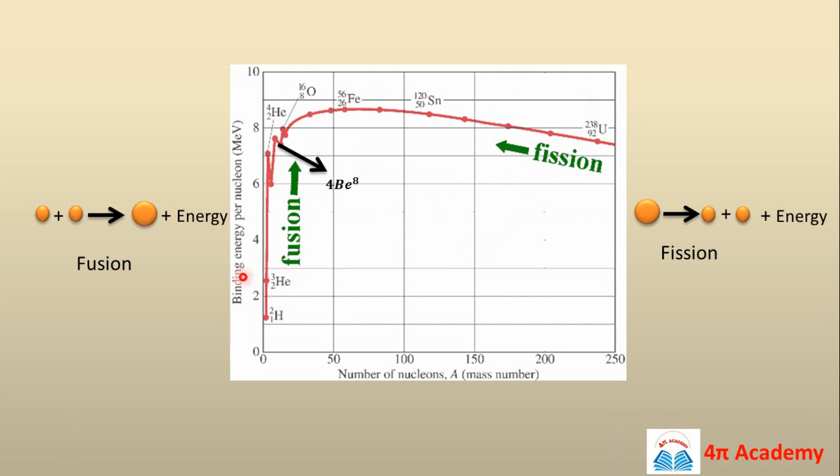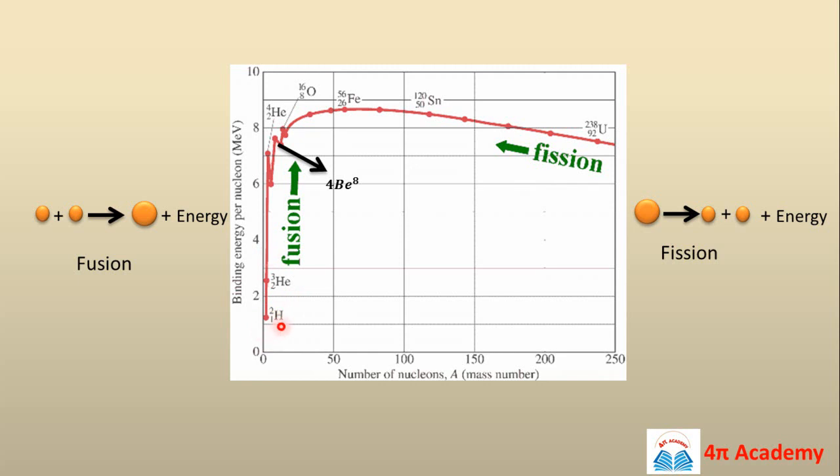If we have two or more light nuclei, from the range 0 to 50, and when the light nuclei merge together they form a heavy nucleus, in this case some amount of energy is released. Take the example of 1H2: if two nuclei of 1H2 combine together, they form a bigger nucleus.